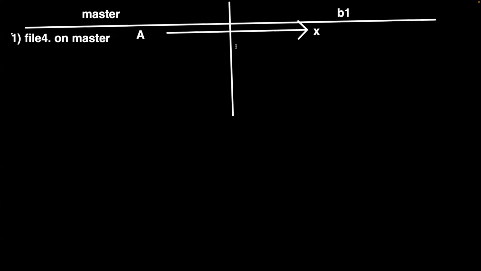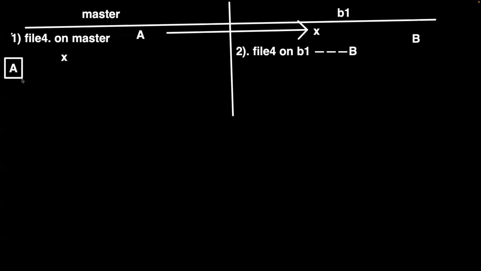That's not available, right? Then we came here, created this file4 again on B1 and made a new commit here, which is called commit B. Is this commit B available on master? Definitely no. So if you see the log history of file4, you can also check the history of each file, this is commit B, this is commit A, correct?